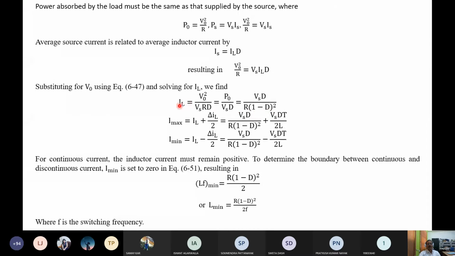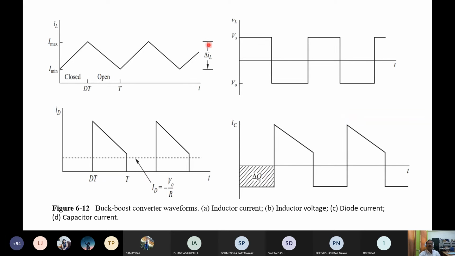Okay, average inductor current. So Imax, the maximum inductor current, will be IL plus half of the ripple. And I minimum is IL minus del IL by 2. Peak to peak is del IL, half is del IL by 2.